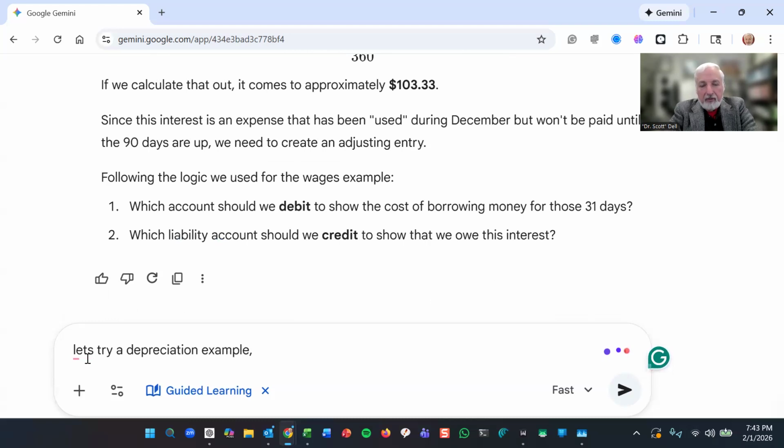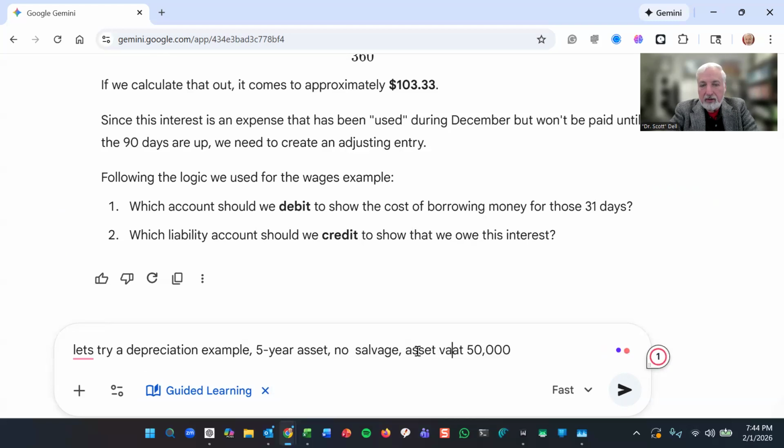Okay. 5-year asset, no salvage value, purchase price $50,000. The average cost of a vehicle these days is 50 grand. Can you believe that? I'm not buying a new car too soon. It starts at 50,000, no salvage.